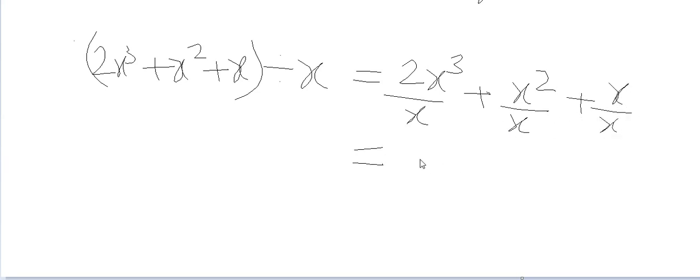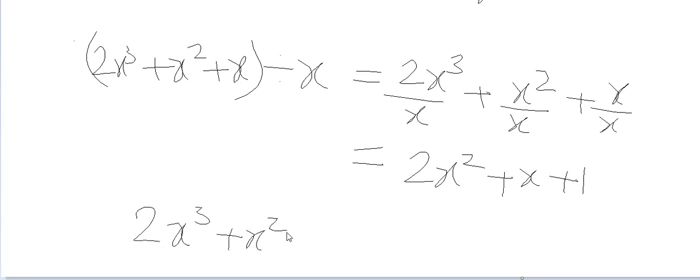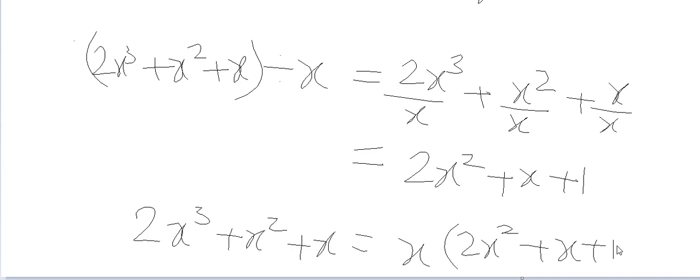What do I get? I get 2x squared plus x plus 1. Right? We don't get a remainder here. So what do we write? We write 2x cubed plus x squared plus x is equal to x times (2x squared plus x plus 1).